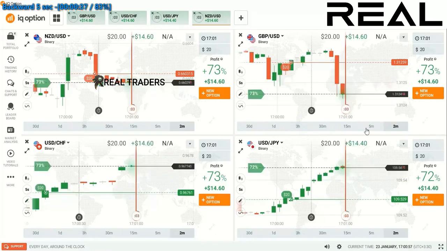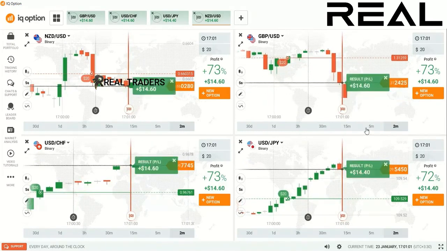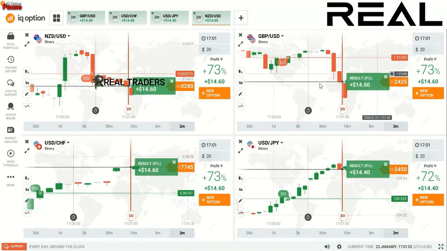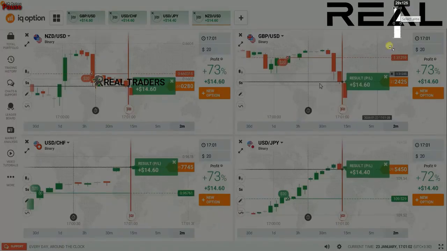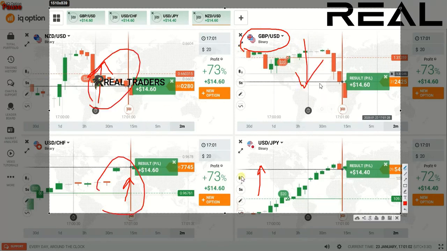Okay, let me show you again, and you can see you will win at least 3 of these trades. So always open the charts where the price will go up or down, and always open an opposite chart where the price will go down when these are going up.